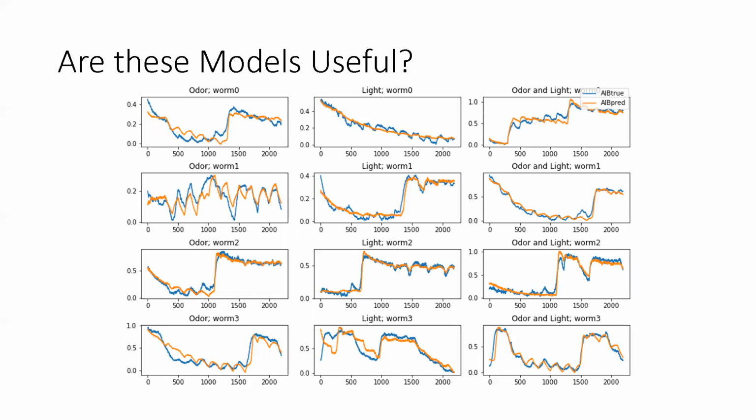Luckily, we see that when we find the alpha, beta, and gamma weights for these models, and then we use them to reconstruct what we expect AIB to look like from the individual activity profiles, we find that we have a pretty good fit to the data. Orange is our predicted AIB activity, whereas blue is the true AIB activity.